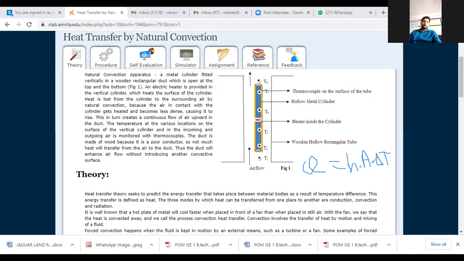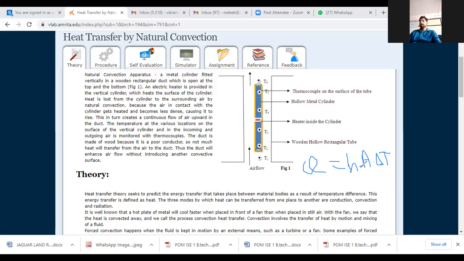As we know, thermal conductivity is the property of a material, but the heat transfer coefficient, H, is not a property of any material. This H value is different for different flow velocities, different densities of a fluid, different temperatures, and the surfaces which are in contact with that particular fluid.